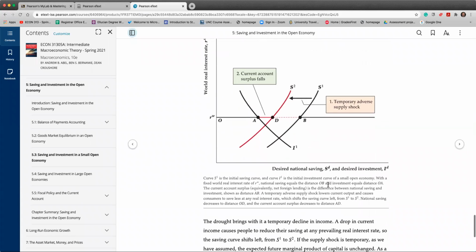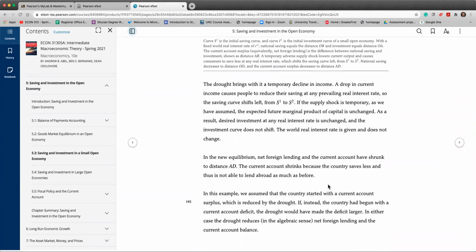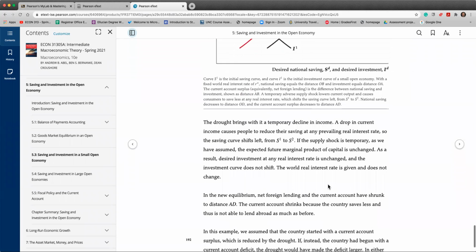So now it's really the difference between those two lines that we're interested in and what it says about the country's current account. So we've added another variable into our model, essentially, the current account, which also means the financial account, because the two are connected. One's just the negative of the other. Okay, and we can also think about that in terms of net lending and net borrowing.